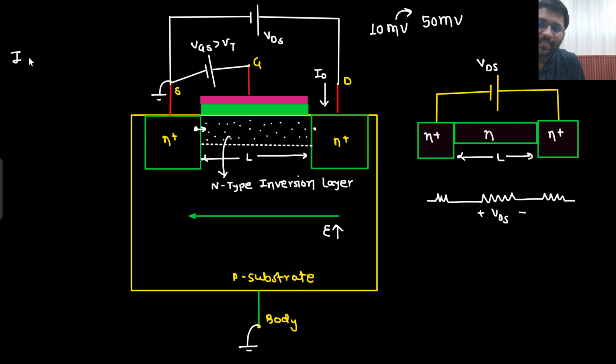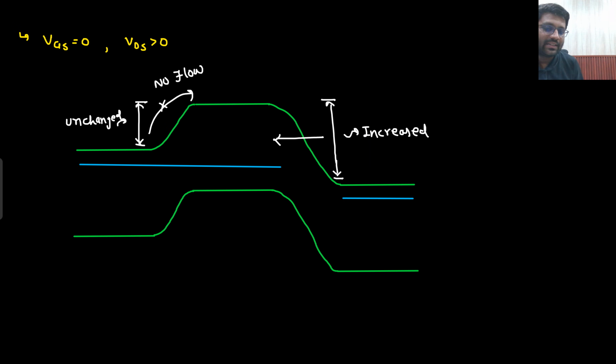What is the current? Current is nq mu E. More electric field, that means more current. And here, who is the major part? Major part is drift, right? Because of the drift, electrons are flowing. Eventually, this electric field is pulling now. Are you able to understand this point? When I talk about VDS, what has VDS done? VDS has increased this barrier.